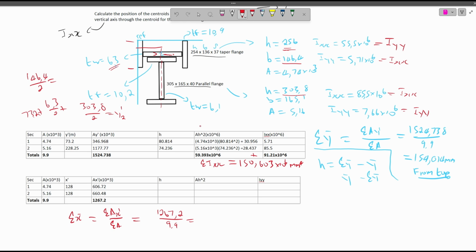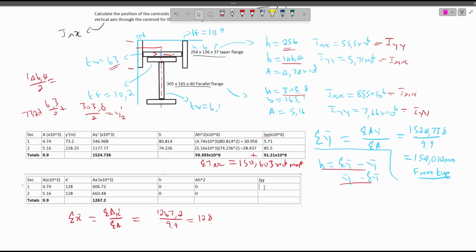You should get the same X bar that you got here, which is 128. And then the H equation doesn't change, it's still the same. Meaning here we're going to have your X bar total minus X bar, then you're going to get a 0 and a 0. Your AH squared is going to be 0 and 0. Area times 0 is going to be 0.